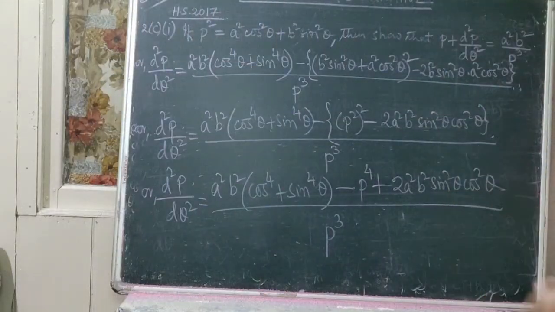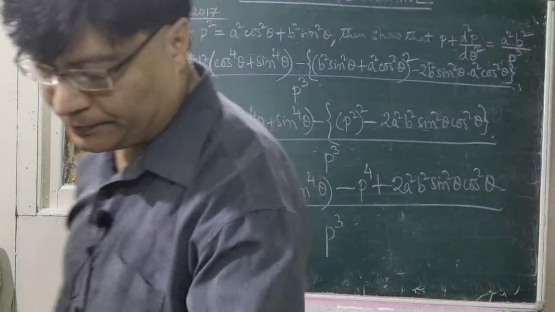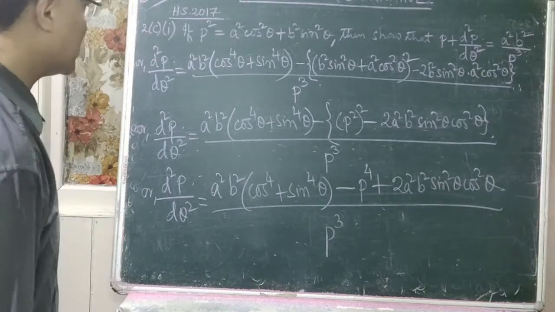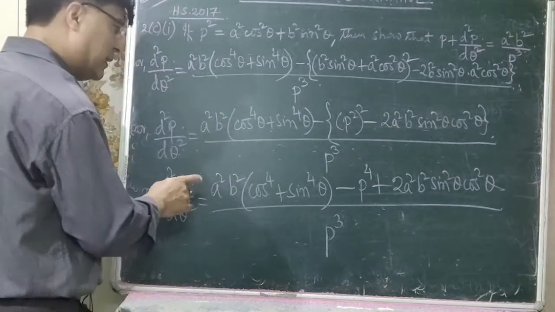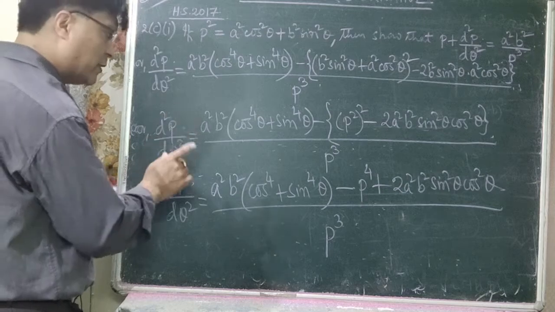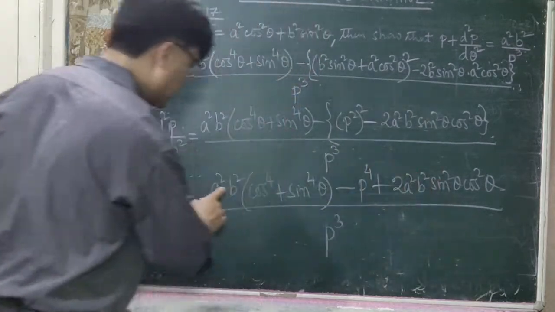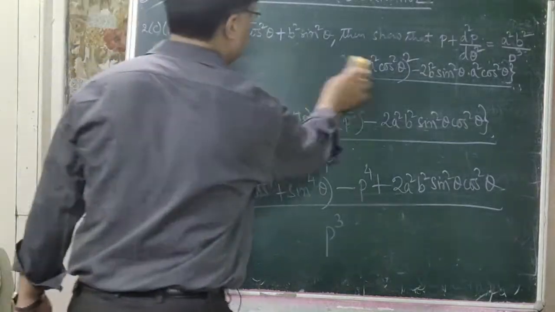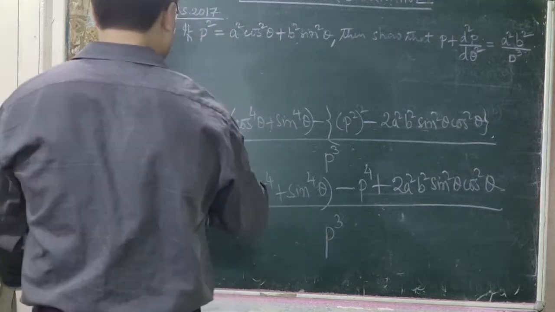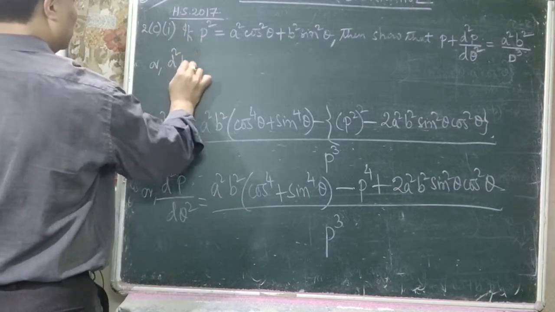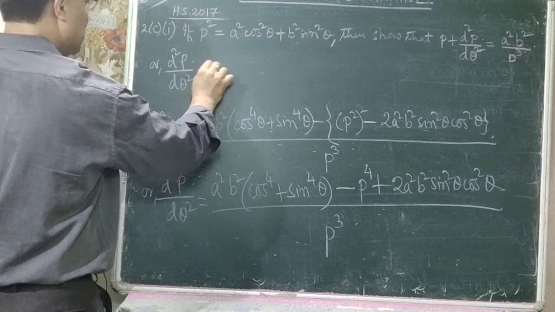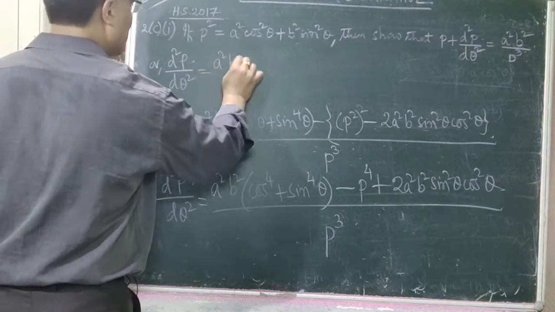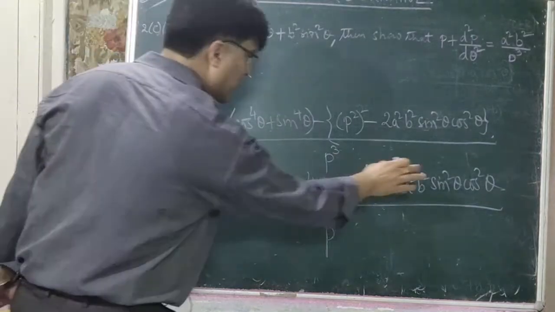Okay, so you can copy it. So now in the next step we can use the formula again here. First of all you have to take common from the first and the last term. What is common? a²b² is common out here, isn't it? So let us take it outside common. So let us write here, d²p by dθ² is equal to, now a²b² is taken common from the first term and the last term.